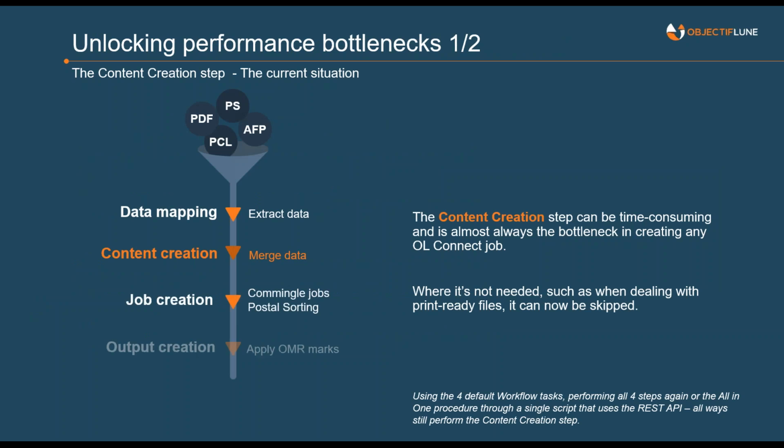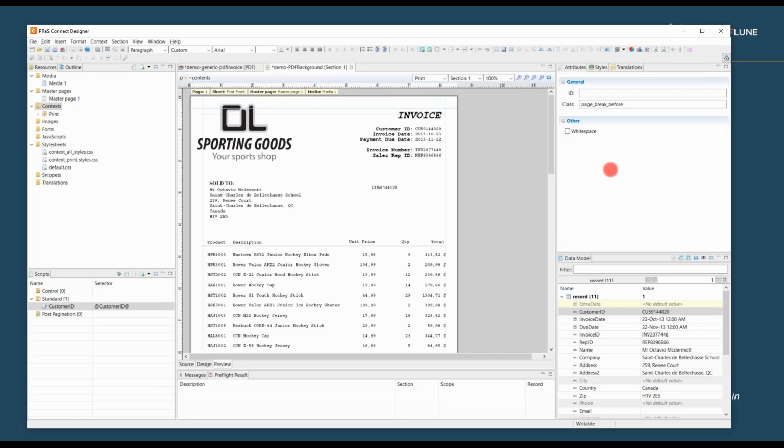Now let's speak about one of the main features of the new version, which is skipping the content creation step. As I explained to you before, in the designer we do the extraction in the data mapper, after that we do the composition in the template design.